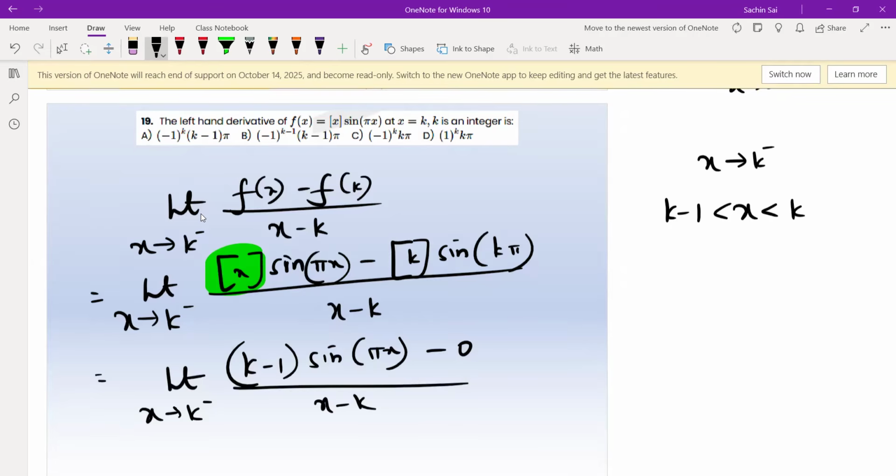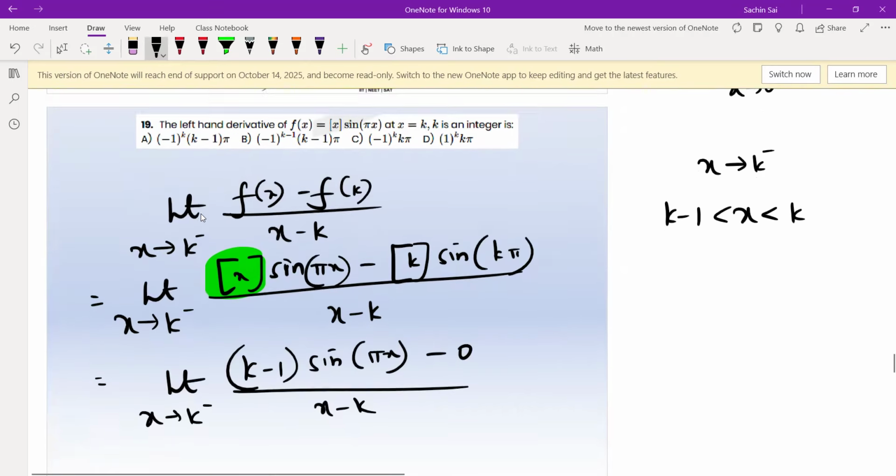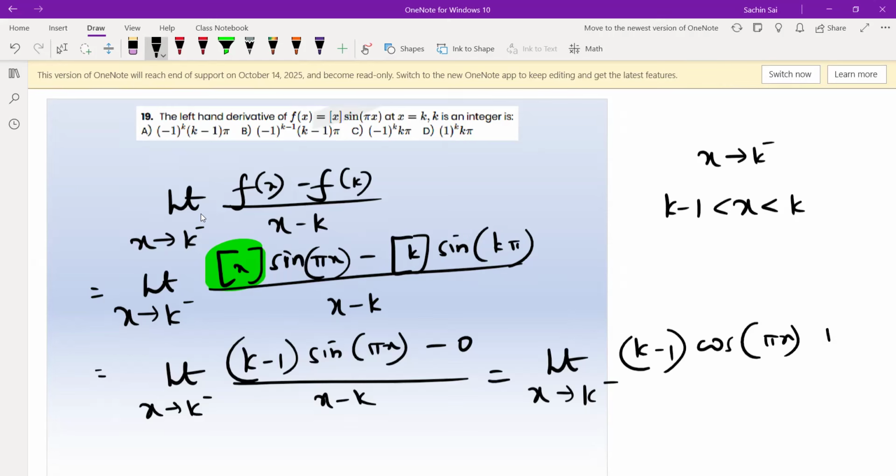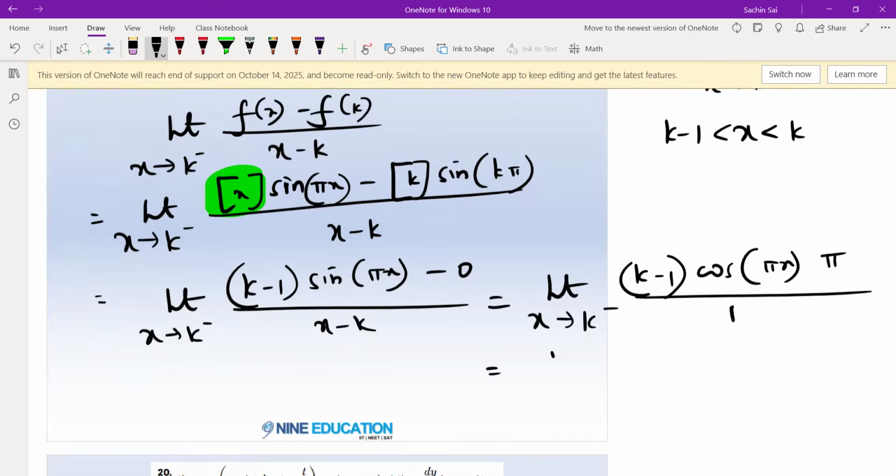Now this is a limit of the form 0 by 0. You can use L'Hopital's rule to evaluate it. So you will get the limit as x tends to k minus, where the derivative of the numerator is k minus 1 cos pi x times pi, and the derivative of the denominator is 1. Now if you apply the limit, you will get k minus 1 pi times cos of k pi.